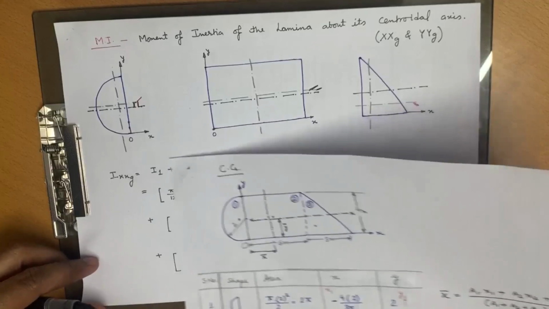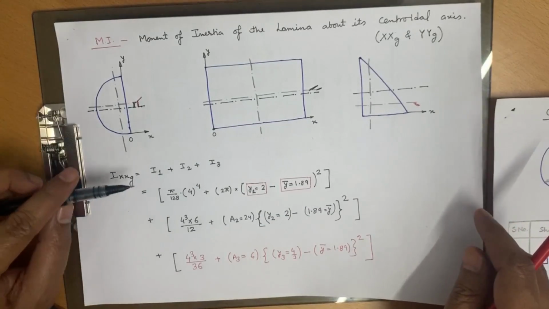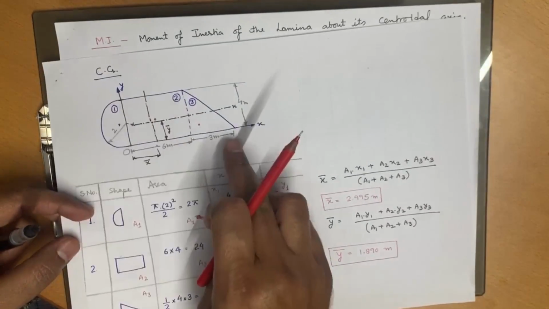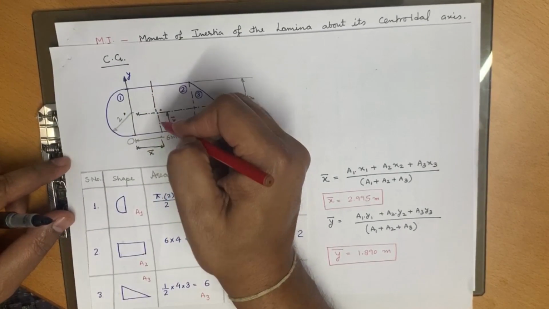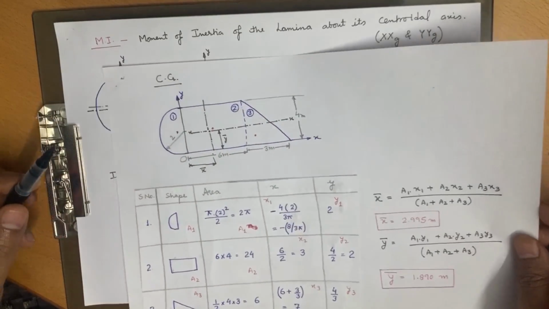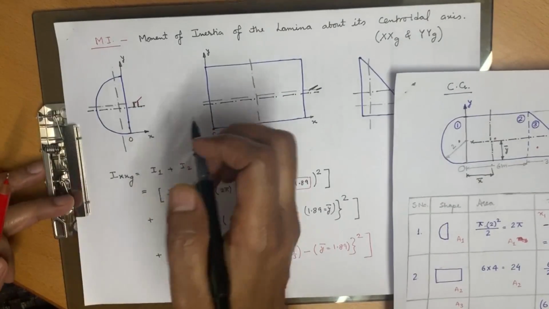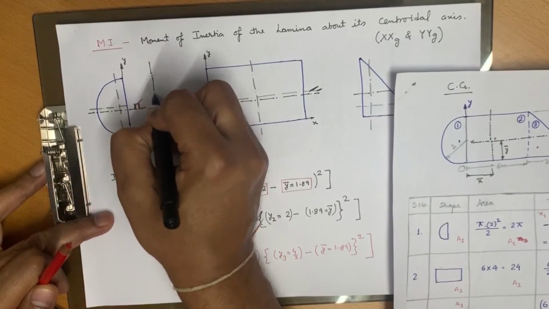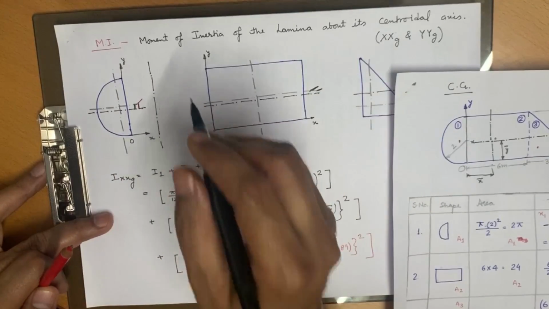Is it okay? Now if you have to find out the moment of inertia of this shape about its vertical axis, that is this vertical y axis, right? Then just for ease of convenience, if I draw the y axis in this, it will be like this.